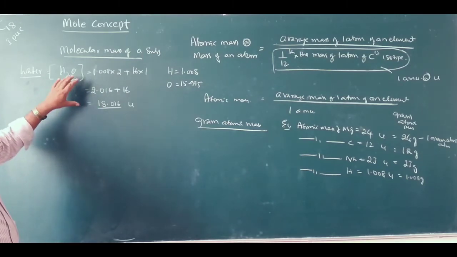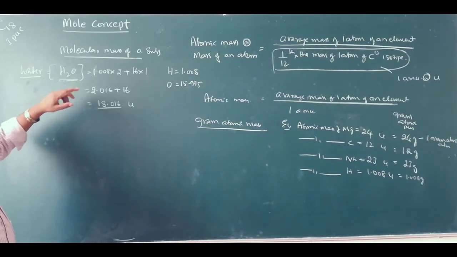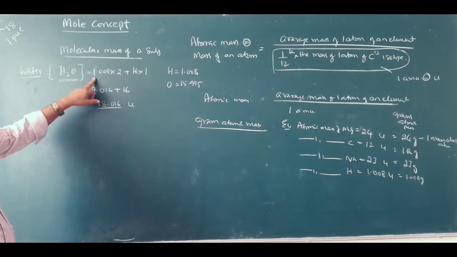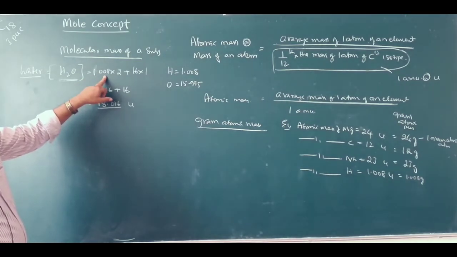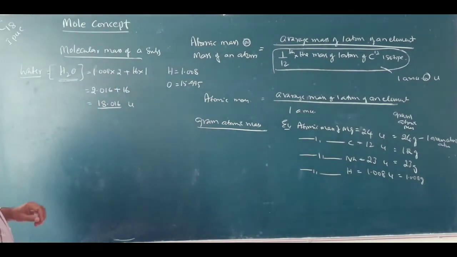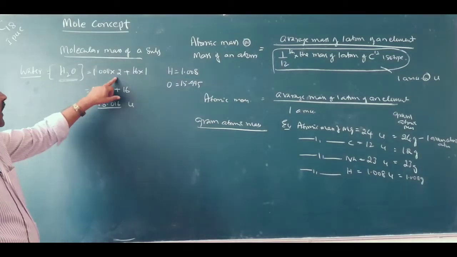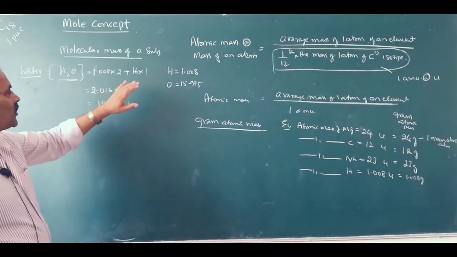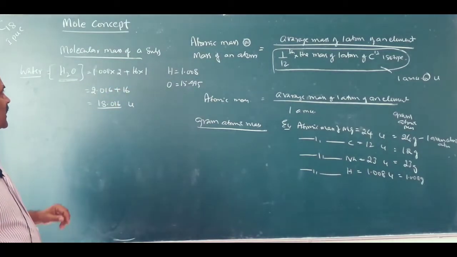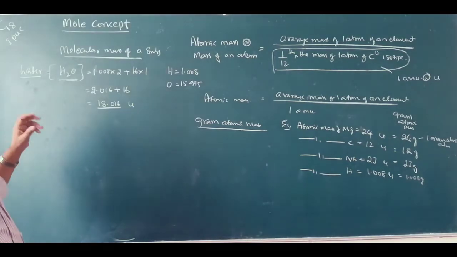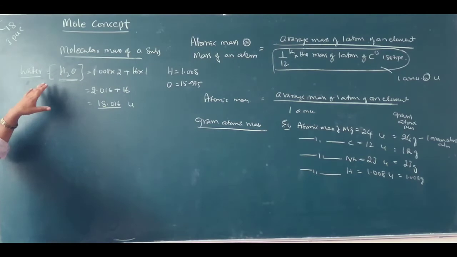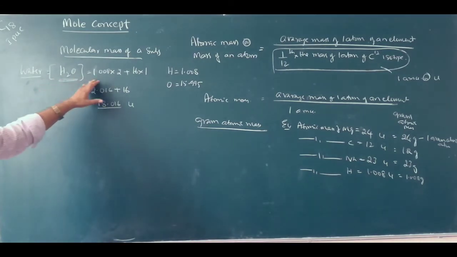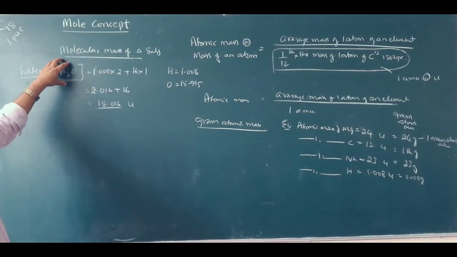Molecular mass of a substance is determined by multiplying the atomic masses of each of the elements by the number of atoms and adding all, and we will get the molecular mass. Molecular mass is the sum of the atomic masses of all the elements present in one molecule of the compound.